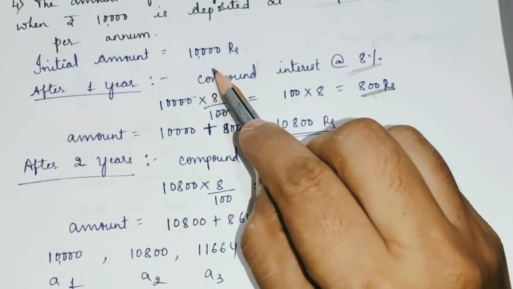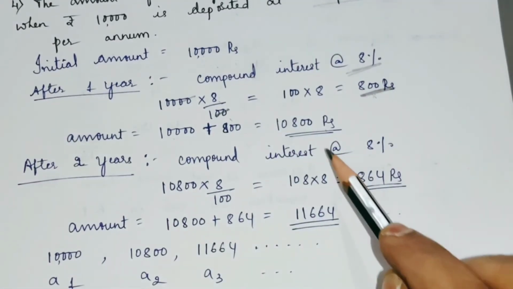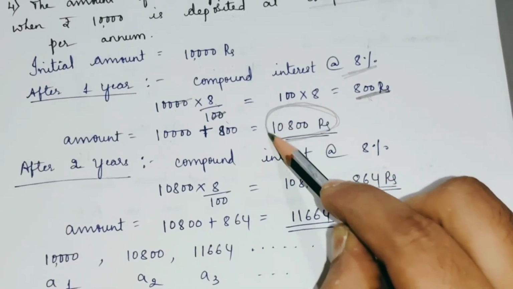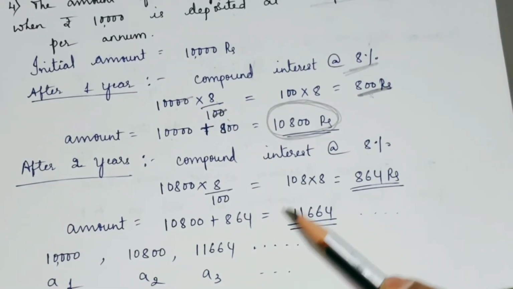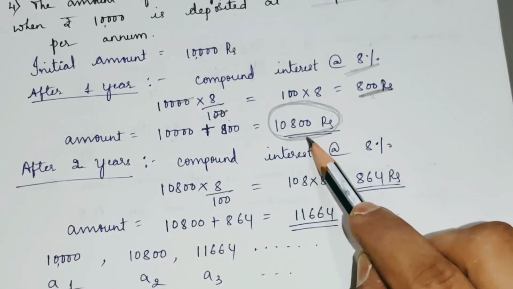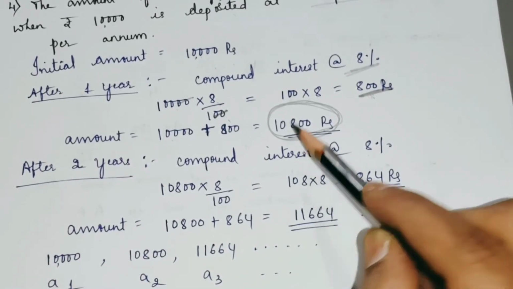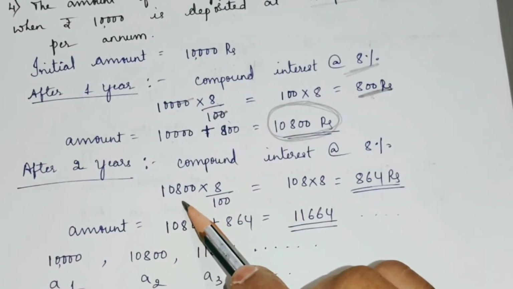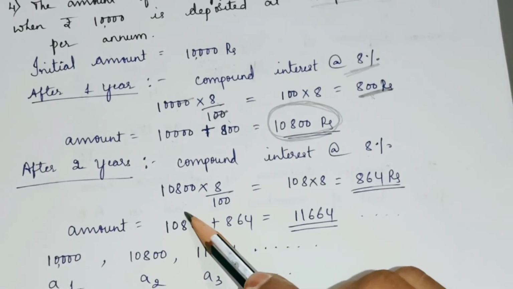Here, instead of 10,000 rupees, you have to take this amount as the principal for the second year. Whatever interest and principal you got will be the principal for the next year. Understood? Here, take the principal amount, that is 10,800.